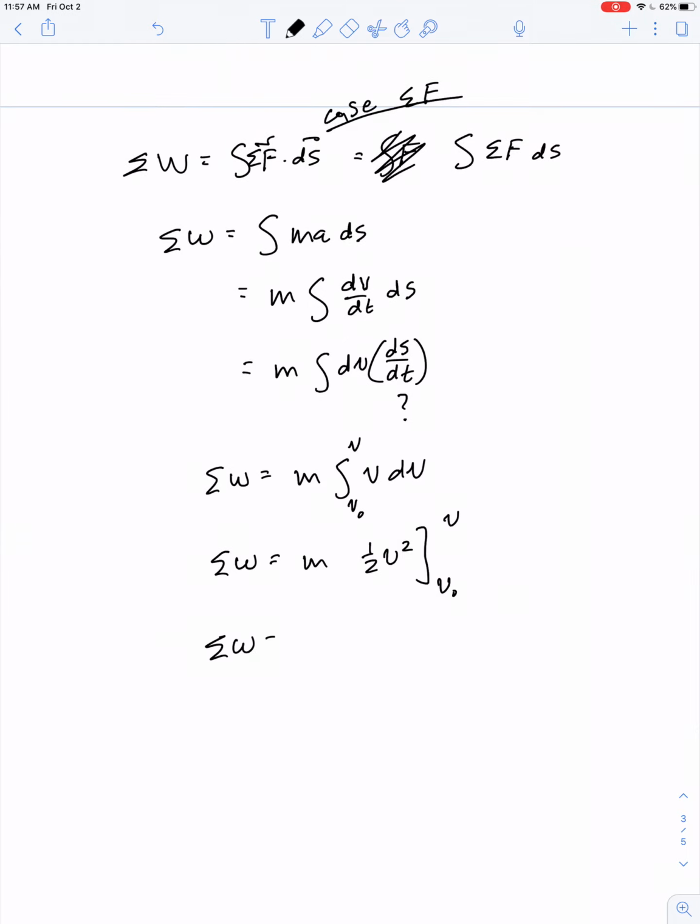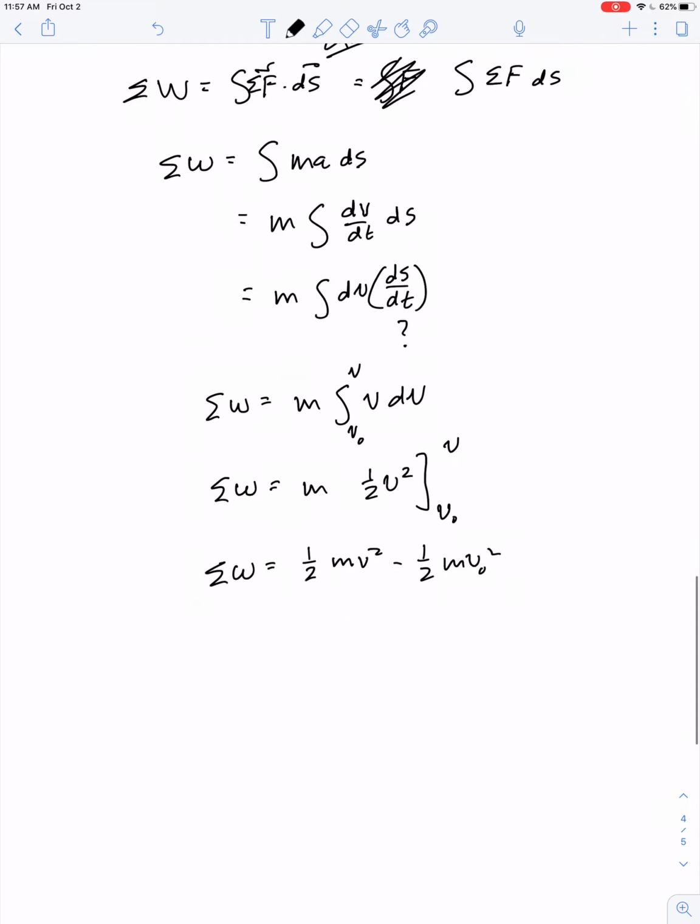So net work is equal to 1/2 mv squared minus 1/2 mv initial squared, which is the same result we got in the previous lesson when deriving the work kinetic energy theorem based on constant force. As long as we define kinetic energy as a quantity we calculate as 1/2 times an object's mass times its speed squared. So there we have it.